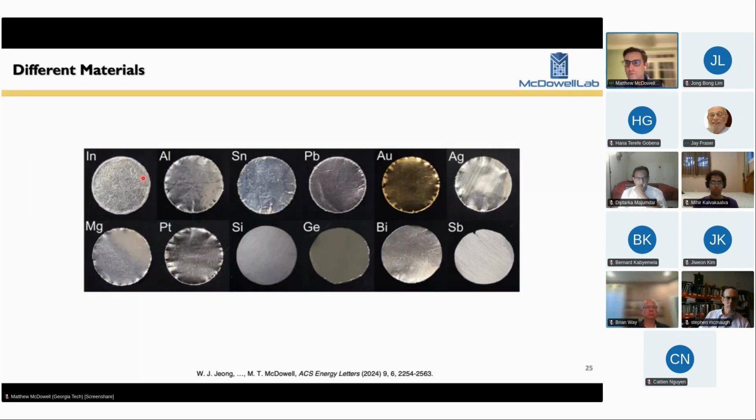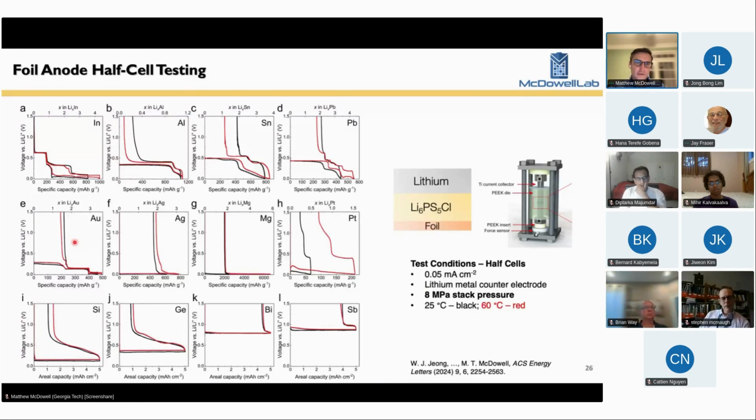So recently in my group, we've been exploring what's the fundamental limitation of these materials and how do we overcome them. So we did a survey of a bunch of different alloy materials. These are shown here, 12 different alloy materials. They all react in slightly different ways, but they store a lot of lithium. And we did a lot of electrochemistry. What's very interesting from these electrochemical results, and again, there's a lot of data, so you don't have to really look at all this, these are half cell discharge-charge curves.